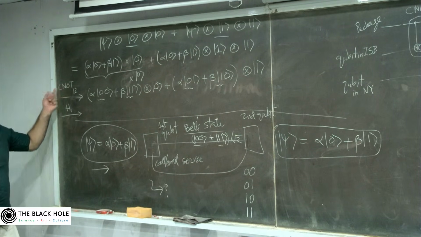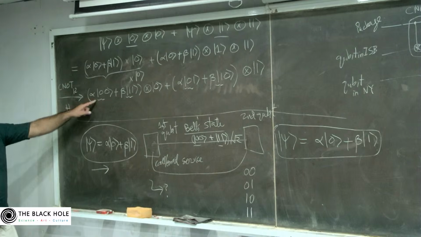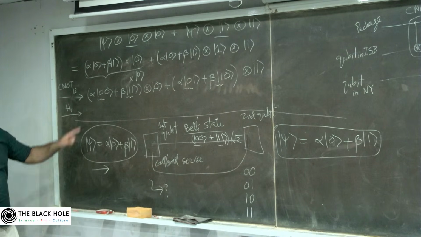Now this 1 2 means 1 is control, 2 is target. So H1 means I'm applying it to qubit 1 only.